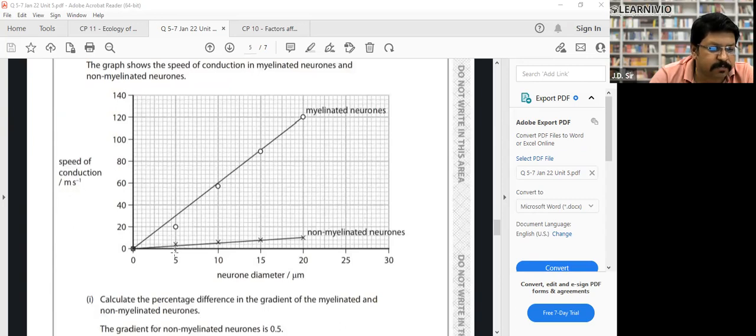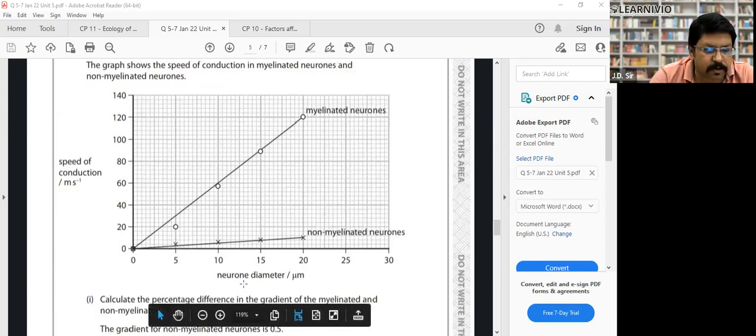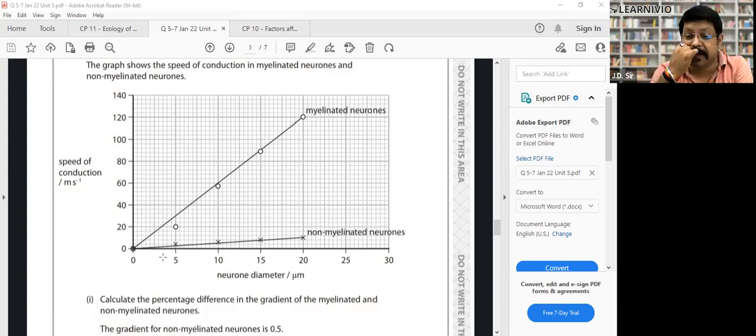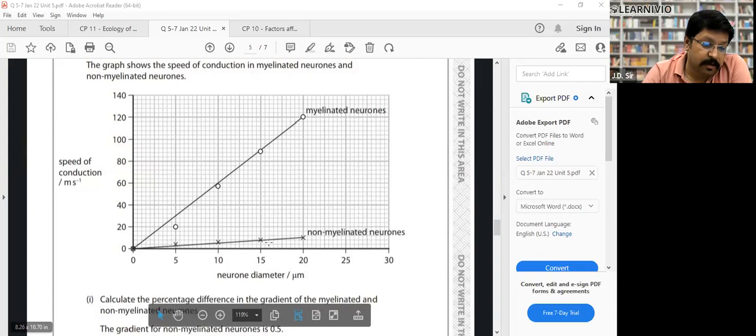Speed of conduction in meters per second, neuron diameter. In non-myelinated, it is very simple. I have already told you that in the myelinated neuron, the myelin sheath is responsible for increasing the speed of the nerve transmission multifold, right? Neuron diameter is the thickness of the neuron. As the thickness of the neuron increases, the speed of conduction increases, but gradually.